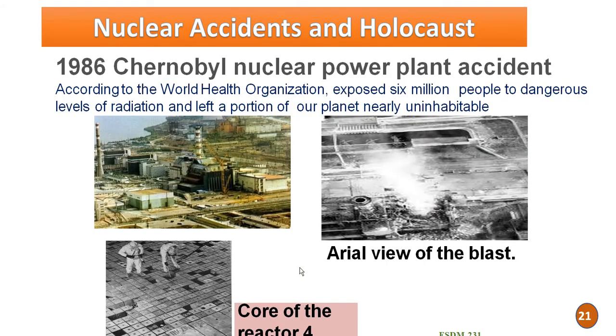Then the next one is nuclear accident and holocaust. We all know that the 1986 Chernobyl nuclear power plant accident was the worst in history, which put 6 million people in danger and exposed them to dangerous radiations.